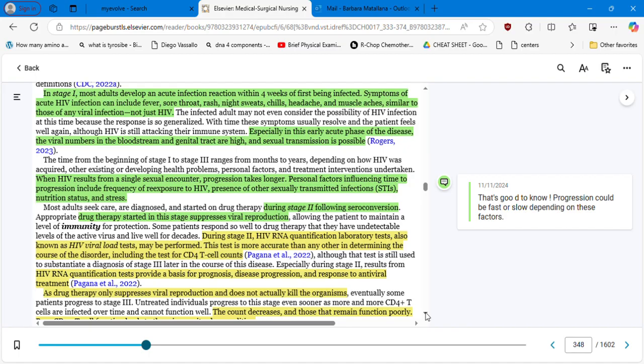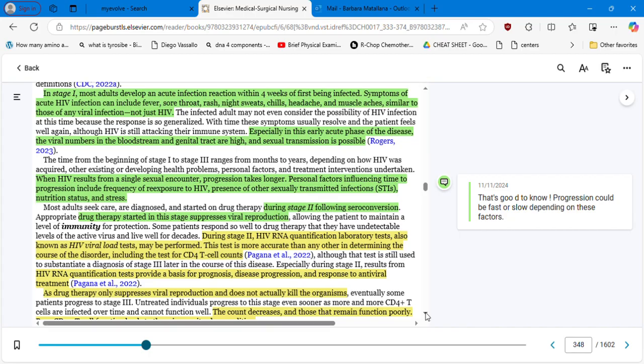During stage 2, following seroconversion, drug therapy started in this stage suppresses viral reproduction. So in stage 2, the medications are going to suppress viral reproduction. Always remember that this condition does not have a cure. So with the medications, we are going to slow the progression of the condition.